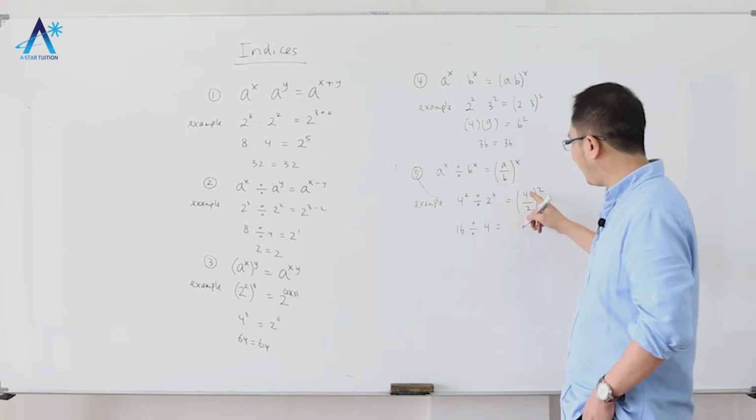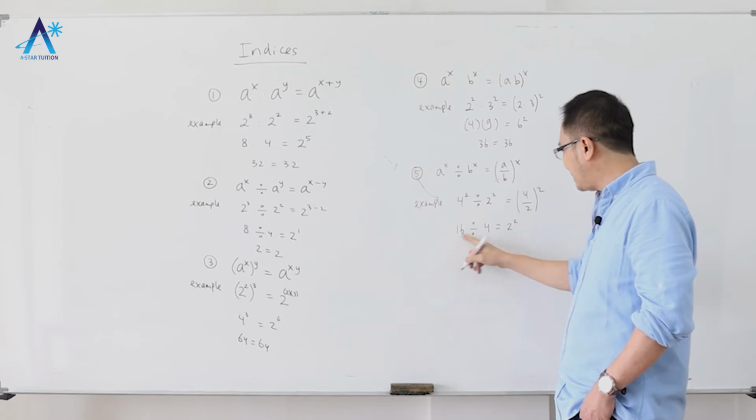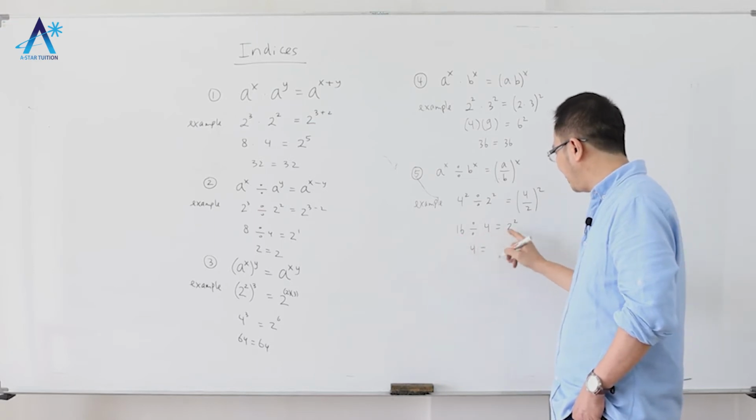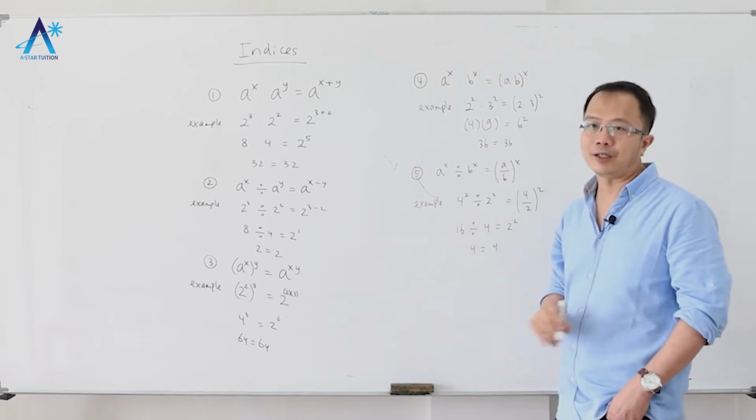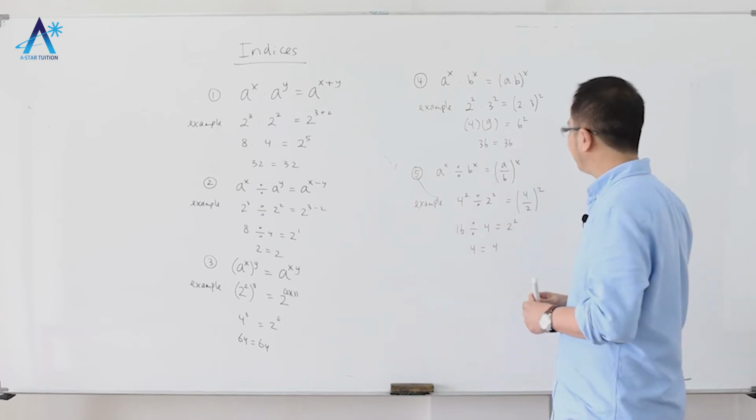On the right hand side we have 4 divided by 2, which is 2 squared here. 16 divided by 4 is 4, and 2 squared is also equal to 4. Therefore, rule number 5 has been verified.